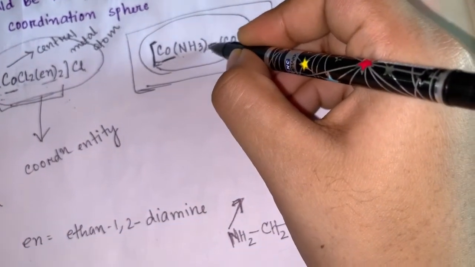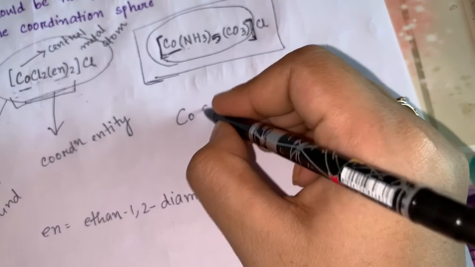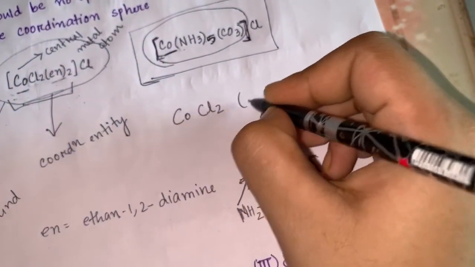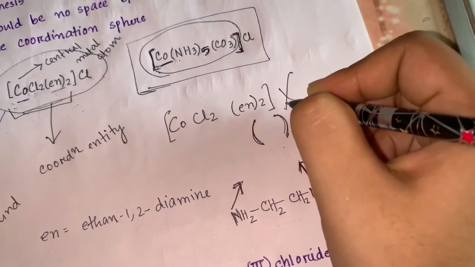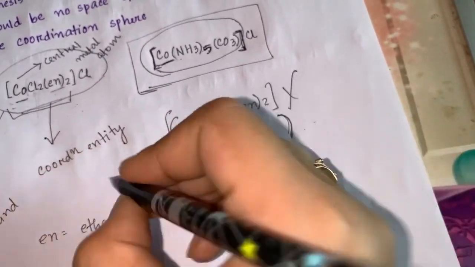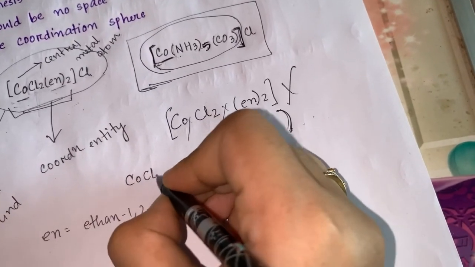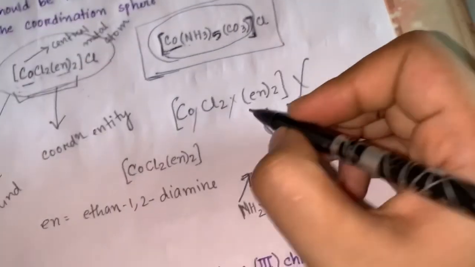There is no space actually present, okay? That means if this is cobalt, you can't write Cl2 here, En2 here. This is wrong. There should not be these spaces present. It should clearly be present one after another like this.